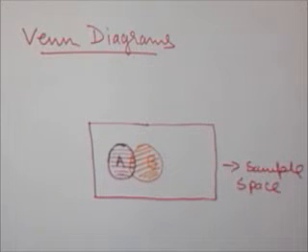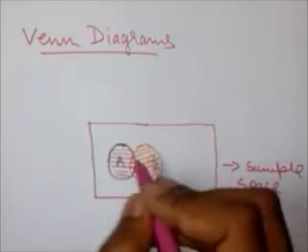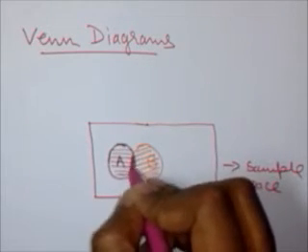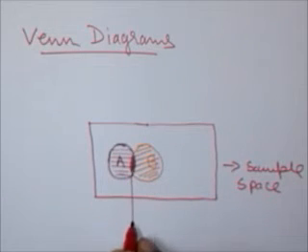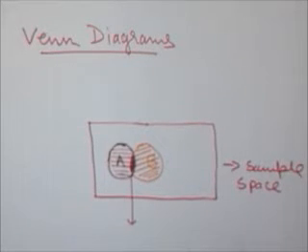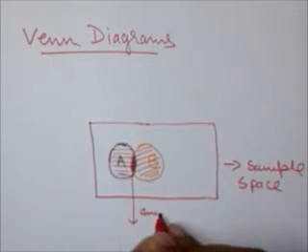Now as you can see, there is a common area between A and B. So what does it represent? This area, which is common here, represents the elements which are present in both set A and B. Remember, here the keyword is AND.